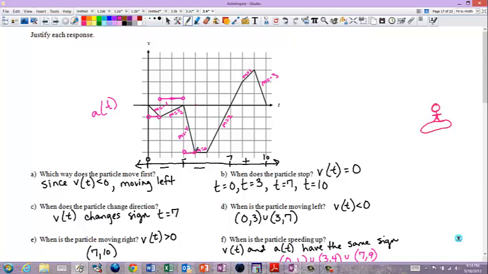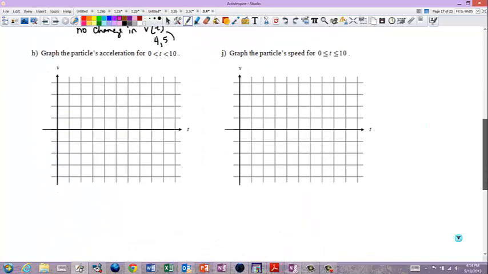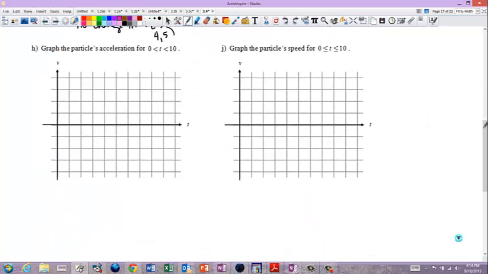And then 0 here. 2 is right there. 1 from here to here. And negative 3, 1, 2, 3. So you would copy that acceleration graph down there.